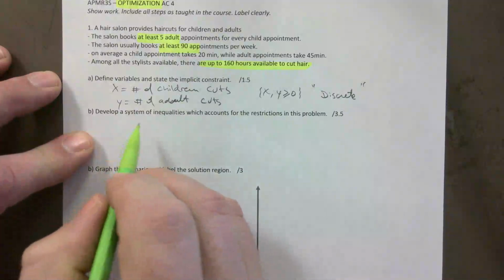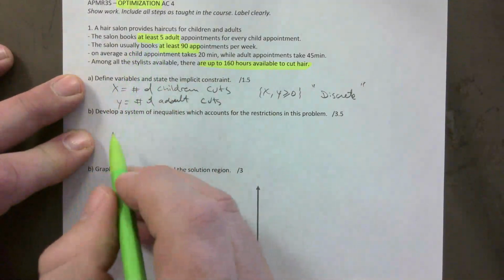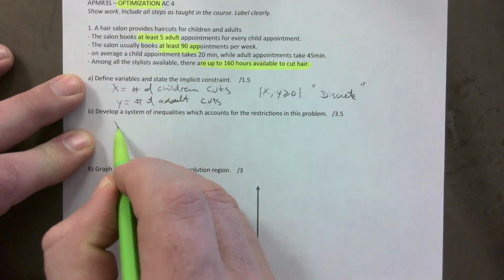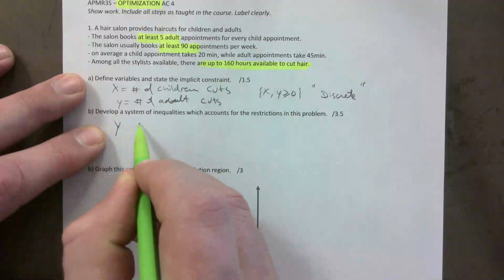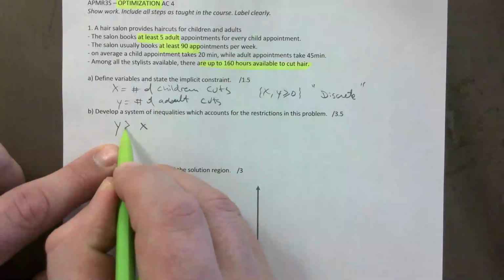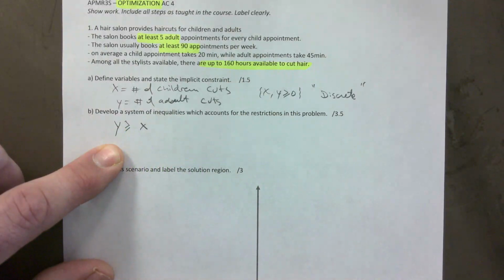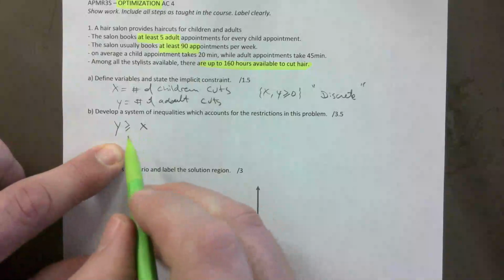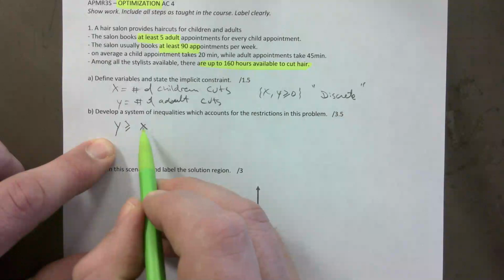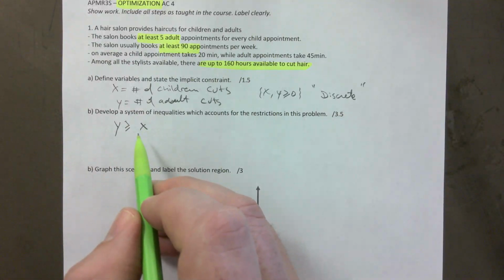Okay. So the first one here, at least 5 adults for every child appointment. So this is adults, right? These will be the children, and so you want this to be greater than or equal to, right? And the 5, you put it here in front of the children appointments. When we did the whiteboard work, we did one of those, right?